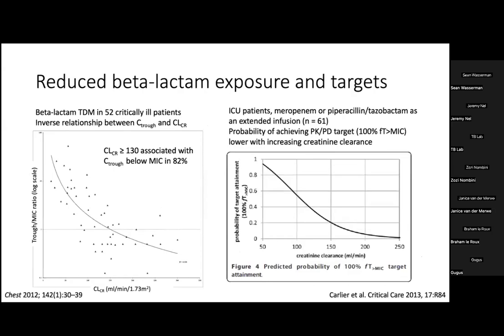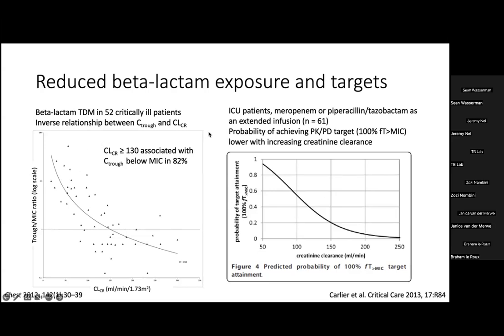And beta-lactams are a really good example of this because it's been confirmed in randomized controlled trials. But before I show you the randomized controlled trials, I just want to show you some PK data. On the left is a therapeutic drug monitoring study in 52 patients who were critically ill. And clearly there's an inverse relationship between the trough concentration, here on the y-axis, and the creatinine clearance on the x-axis.